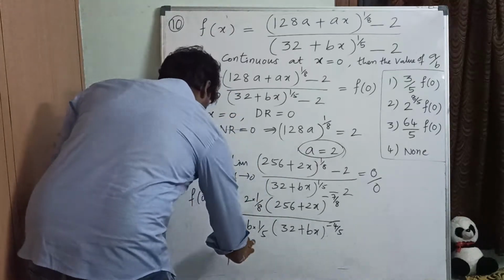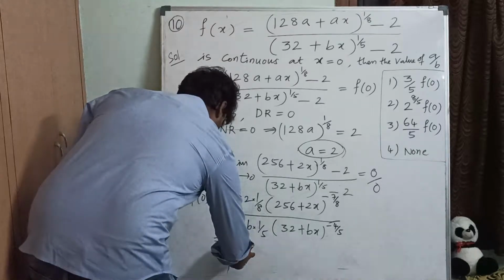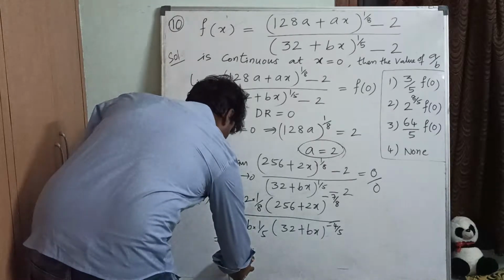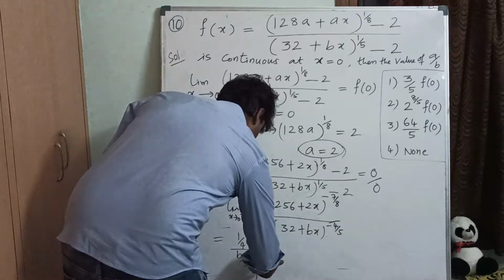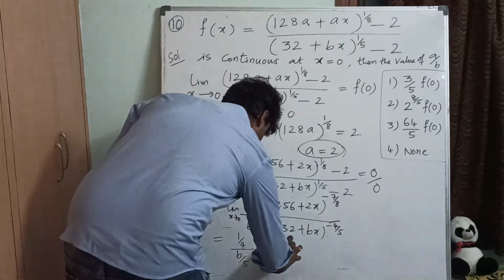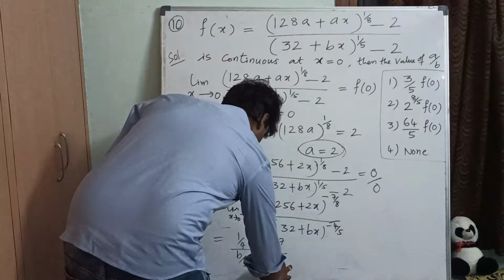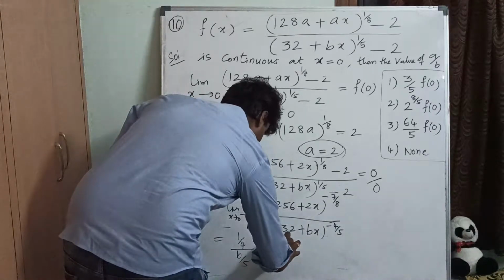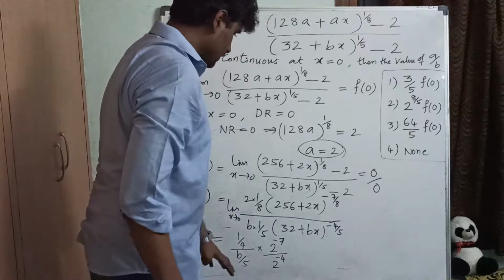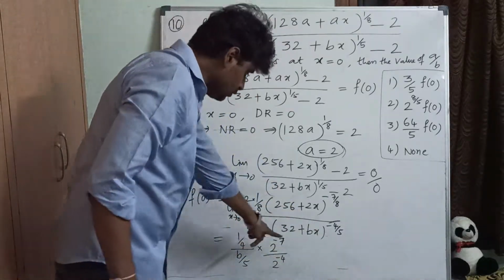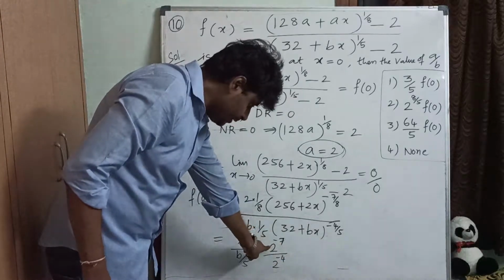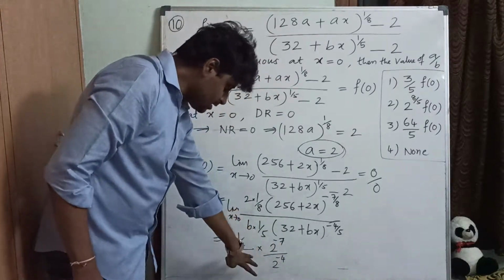From this, we get 1 by 4 into b by 5 into 2 power minus 7 by 2 power minus 4. Anyway, 32 is 2 power 5, the 5s cancel, giving 2 power minus 4. So 2 power minus 7 and 2 power minus 4 cancel, giving 2 power minus 3, which comes down to 8.